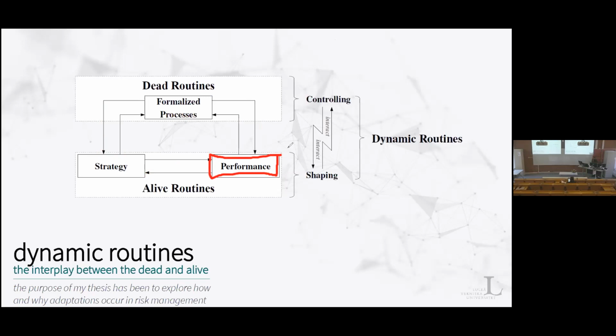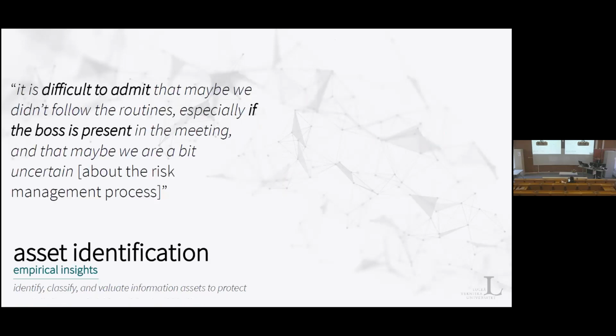So what did I see then when I studied risk management activities from this performance perspective? If we start with the first risk management activity, asset identification. One respondent said that it's difficult to admit that maybe we don't follow the routines, especially if the boss is present in the meeting, and that maybe we're a little bit uncertain about the risk management process.